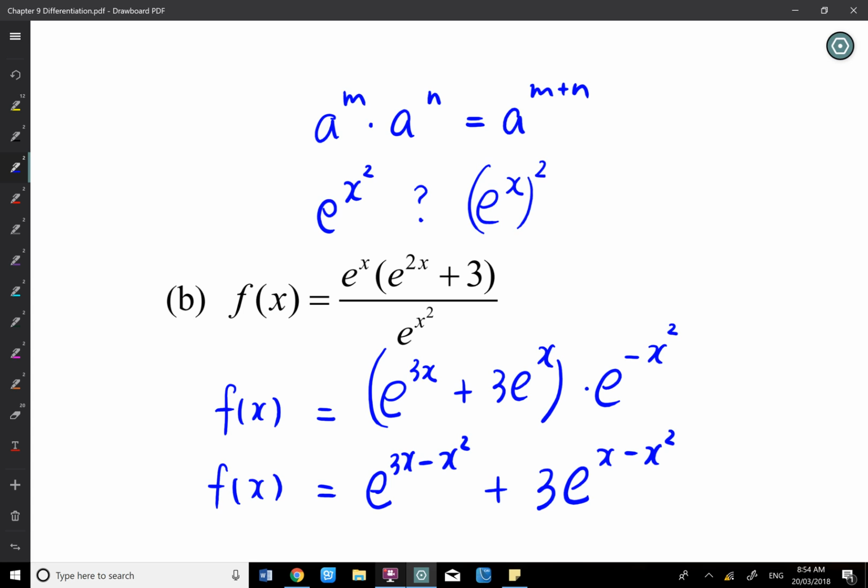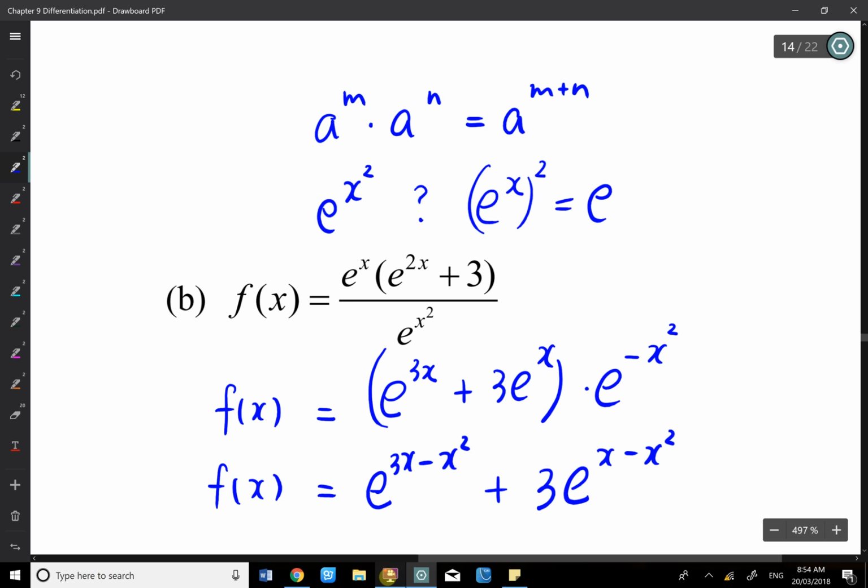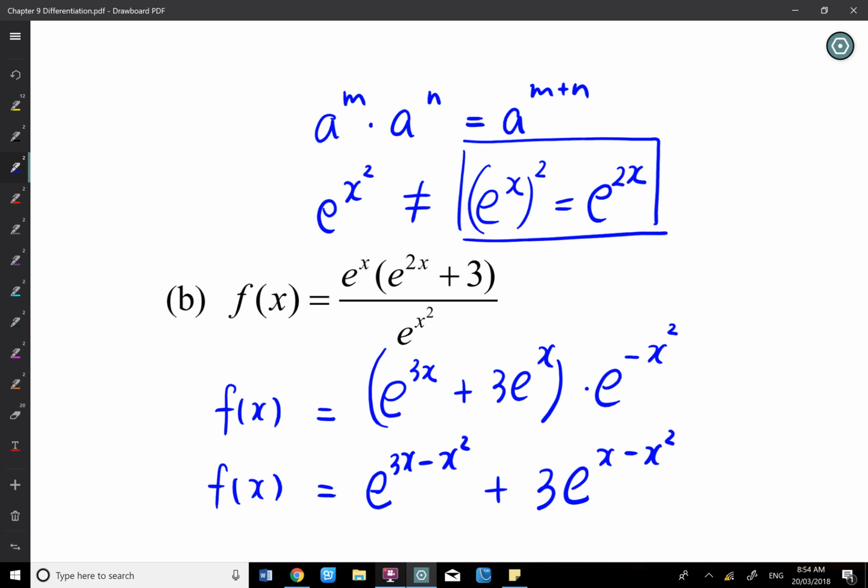What's the second one equal to? This equals e to the power of 2x. So this is not equivalent. E to the power of x to the power of 2 is x to the power of 2 is the whole power. It's the whole power. So it's not the same.